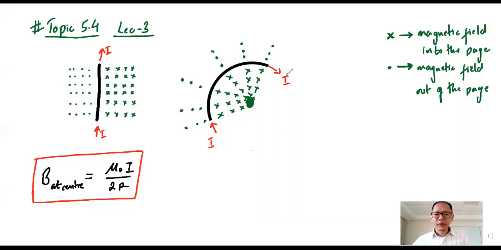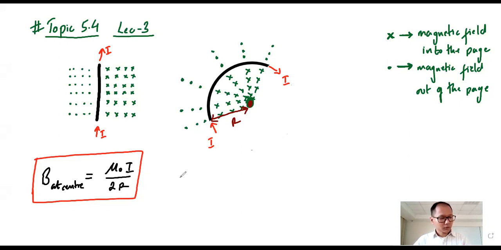The magnetic field or the magnetic flux density at the center of the circular wire is given by mu naught I over 2R, where I is the current flowing in the wire and R is the radius of the circle. If you consider this as the center, then that is the radius of that particular wire. And mu naught is the permeability of free space.